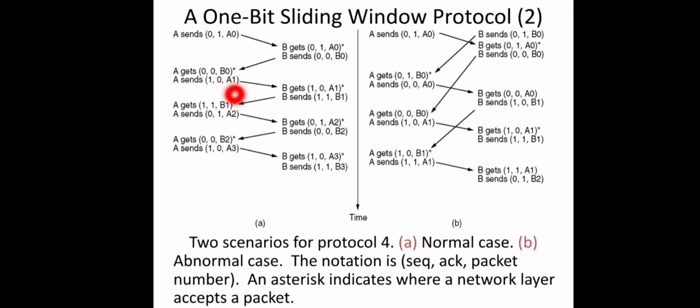The packet is A1. That is received by B successfully, and B sends back the second frame, also with the acknowledgement for the second frame from A to B. So 1 1 B1. That is also successfully received. Again A sends the third frame.